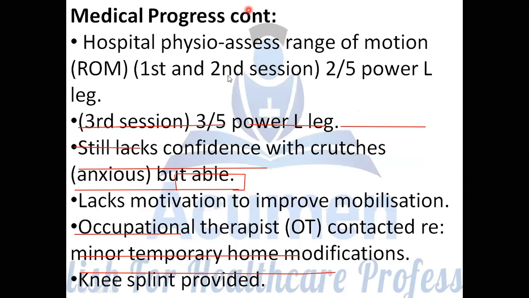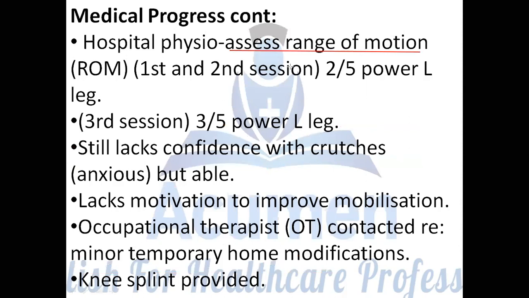Then again, further information about his medical progress. So it says that the physio assessed the range of motion, and it is 2/5 power. In the third session, it improved to 3/5. So this is the current status.